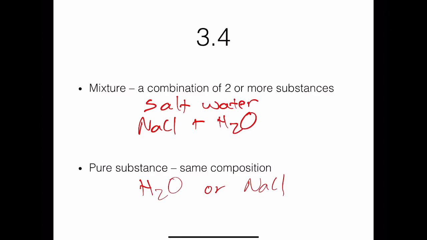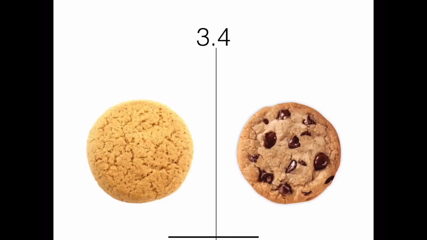So I've already put them in their most basic form in terms of their physical properties. I can further separate them chemically, but not have them remain a compound when I do that. So we're looking at a mixture, two different substances put together, or a pure substance, something that has the same composition. We look at the difference between mixtures by looking at two different samples of cookies.